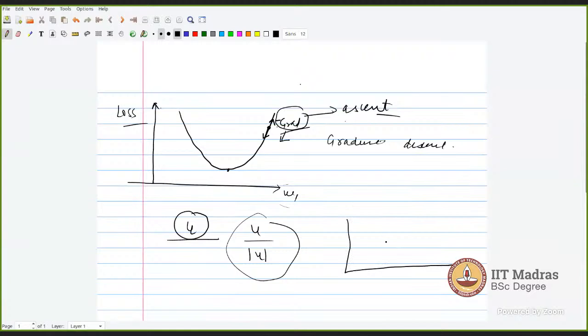Okay, let's say something like this. Let's see over here. Again, same case. So the gradient could be this. You're saying that the gradient is negative, right?